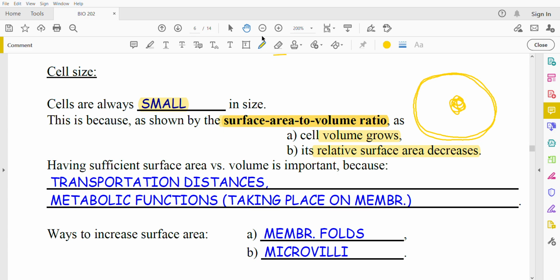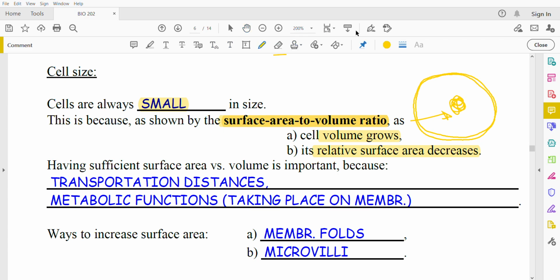Some of the explanations for why it wasn't ideal to have a large volume within the cell, we saw, for example, that the transportation distances from the cell membrane to the inside of the cell grew too large. So we were no longer able to facilitate the passage of material efficiently.